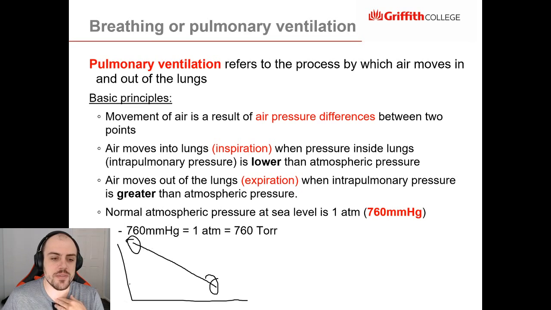Now, just a couple of different values that you're going to see. You guys as future nurses will predominantly see this one. You will be working in millimeters of mercury, which, again, we've already been using that as a unit of measurement. You've seen that in blood pressure.